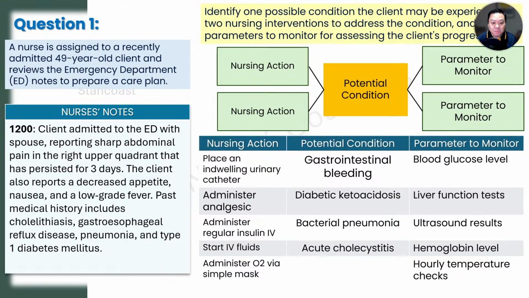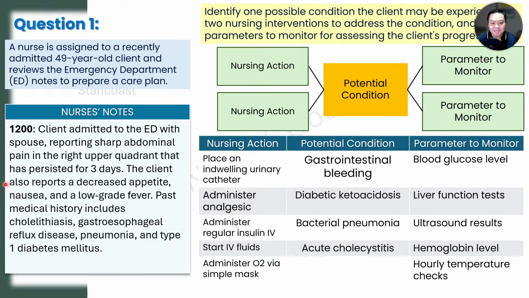Now, I want you to focus on the nurse's notes with regards to the medical history and the manifestations the patient is having. Now, what you need to do here is to look into the details. We have to look into the abdominal pain that's described, which could fit several conditions, but you need to look into the location, which is specified here.